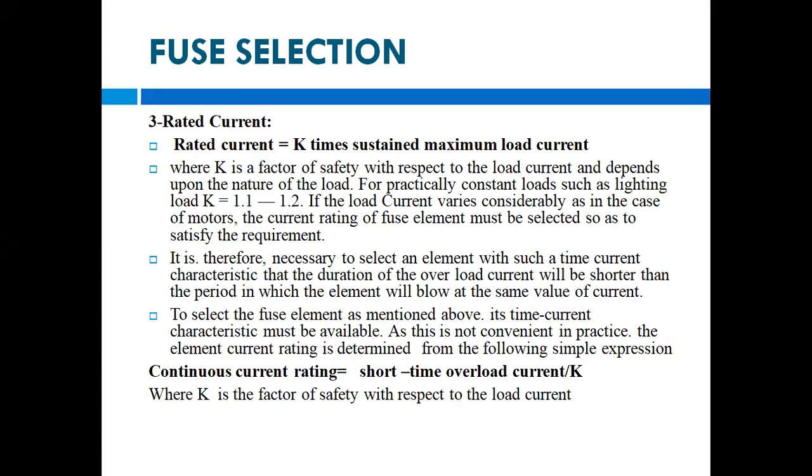Now it is therefore necessary to select an element with such a time characteristic that the duration of the load current will be shorter. We have to use such a time-current characteristic, which means that if the current is increasing, the time required to melt the fuse will be minimum.